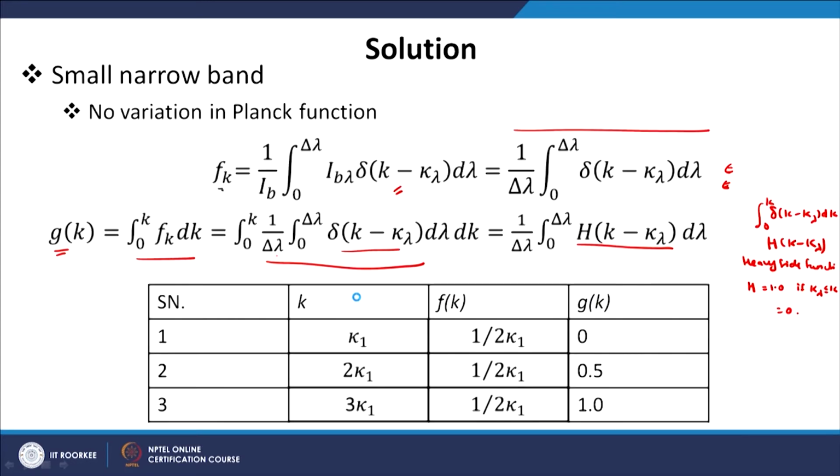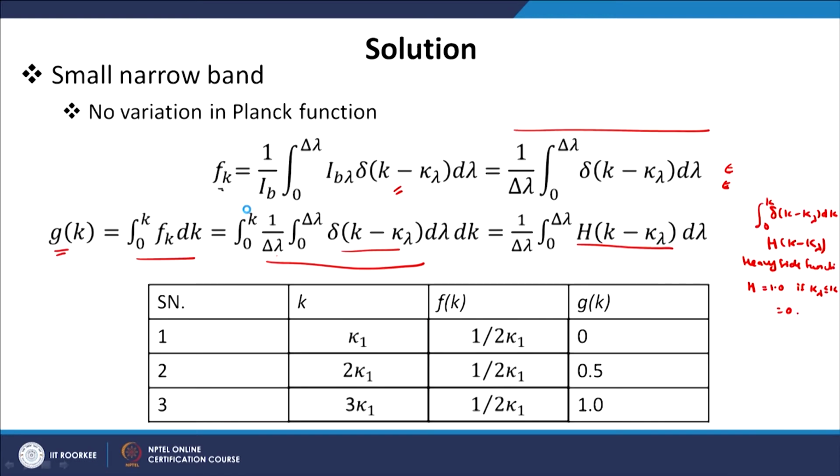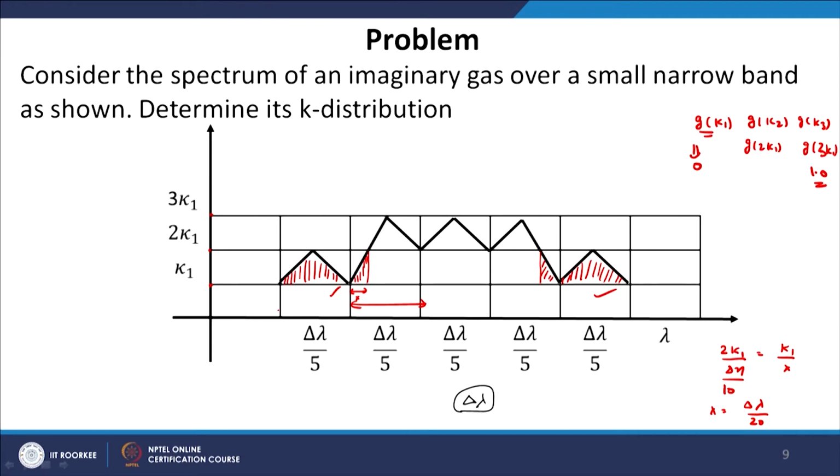So, we split our integral here at delta lambda by 4. Let me show you what delta lambda by 4 is. This distance is delta lambda by 4, because delta lambda upon 5 is the width of this region, plus delta lambda by 20, and the total is delta lambda by 4.